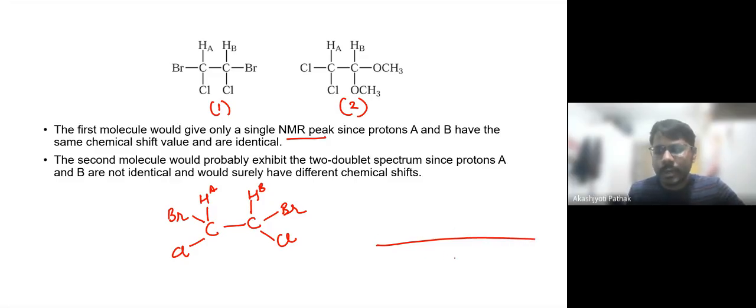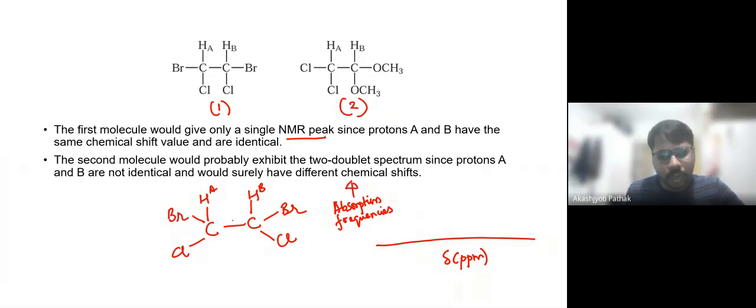It will have delta ppm on the x-axis, right? And you will have absorption frequencies on the y-axis. What does your y-axis give? It gives your absorption frequencies, or basically it provides you the intensity of the peak.